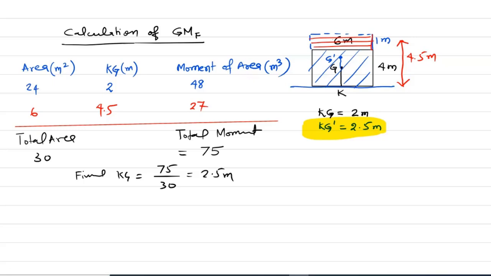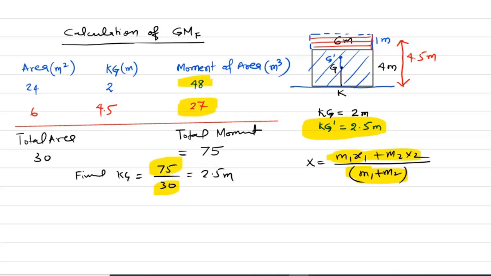In physics, they say x is equal to m1 x1 plus m2 x2 upon m1 plus m2, remember? m1 plus m2 is total mass, and m1 x1, m2 x2 is what you multiply. It is the same thing.